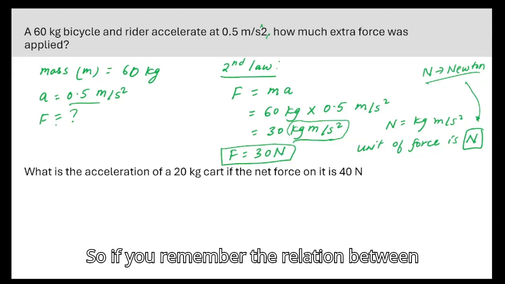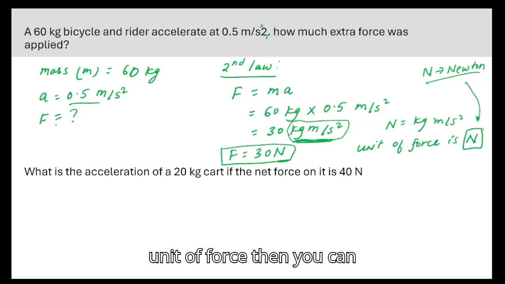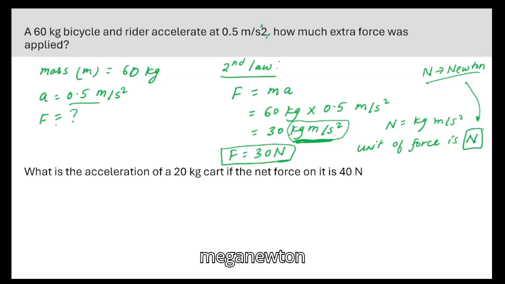So if you remember the relation between the derived unit of force, then you can easily convert it into other units. If you have to convert it into imperial units or even other metric units, for example in milli or mega Newton.